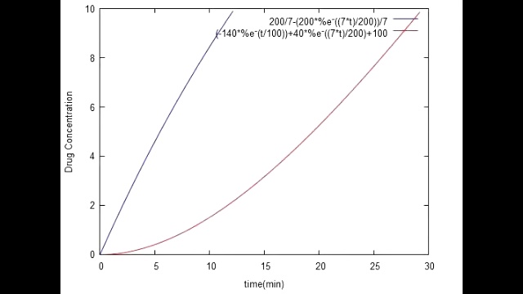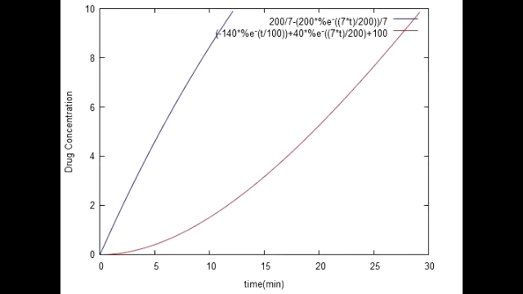Based on the graph, we can see that the amount of drug in the bloodstream and in the gastrointestinal tract is directly proportional to time in minutes. As time increases, the amount of drug in both the gastrointestinal tract and bloodstream also increases.